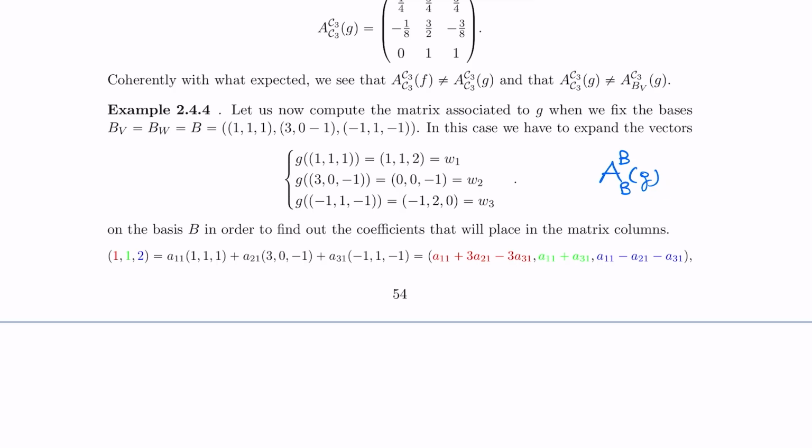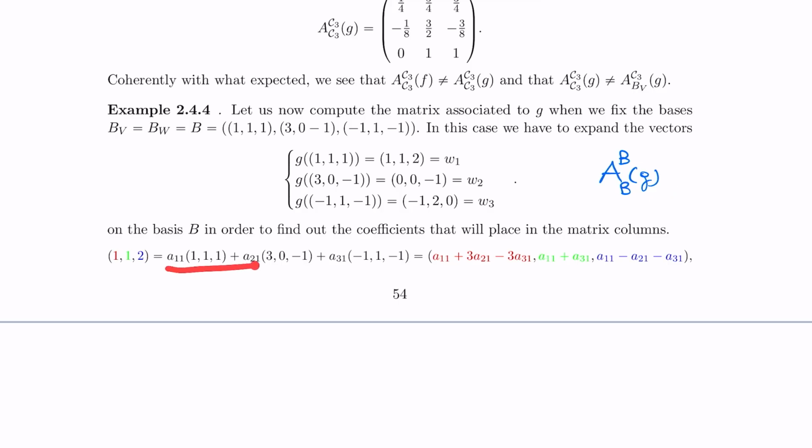Let's start with W1. So we write W1 as the linear combination of the three vectors belonging to the basis B, and the coefficients I have already written are those that will appear in the first column of this matrix.